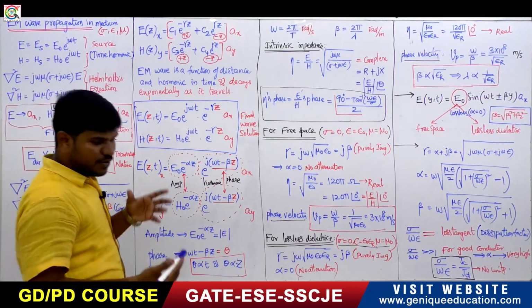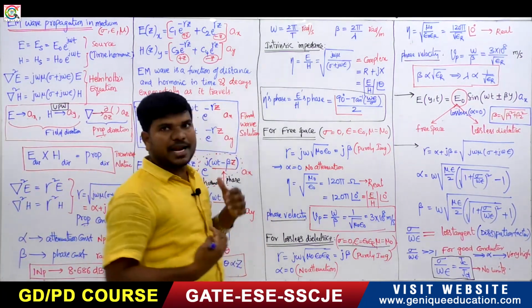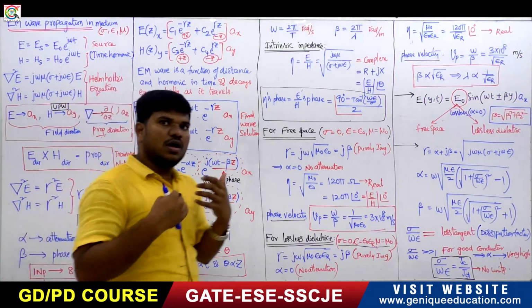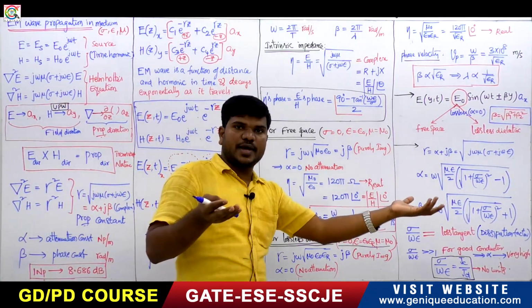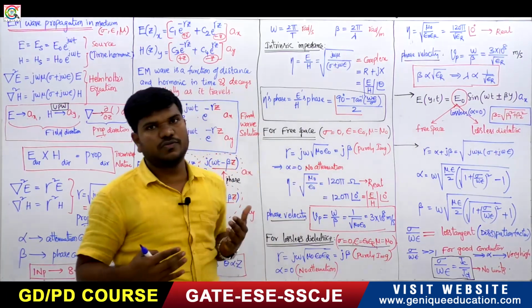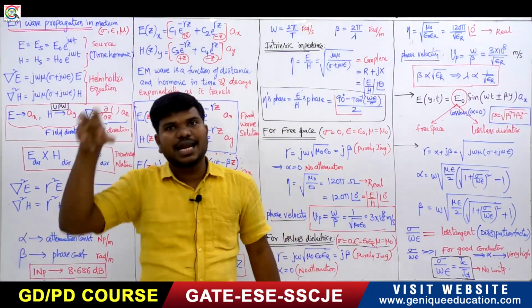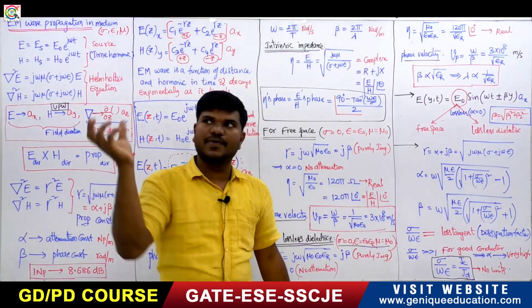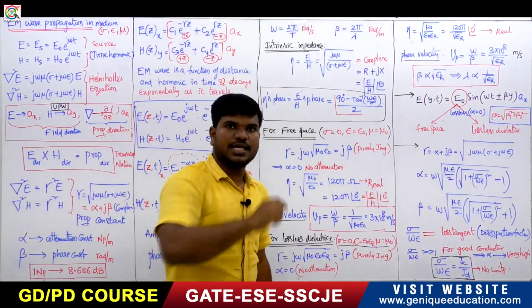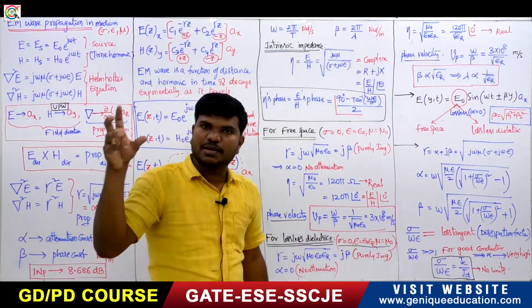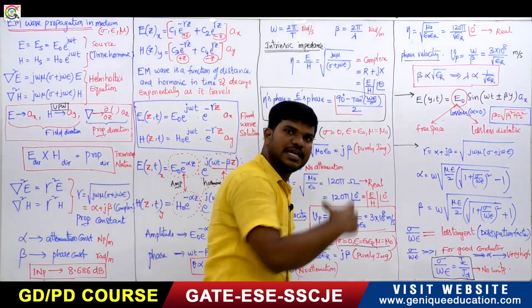So how does this impedance occur? We know E is converted into H and H is converted into E, right? The time varying electric field generates a space varying magnetic field, and the time varying magnetic field generates a space varying electric field.